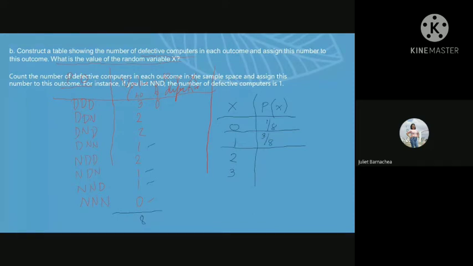Can you follow? Nakakasunod po yung pagkuha ng probability. Yes po. Ilan ang 2? Isa, dalawa, tatlo. So, the probability of getting 2 defective is 3 over 8. And of course, the probability of getting 3 defective is 1 over 8.